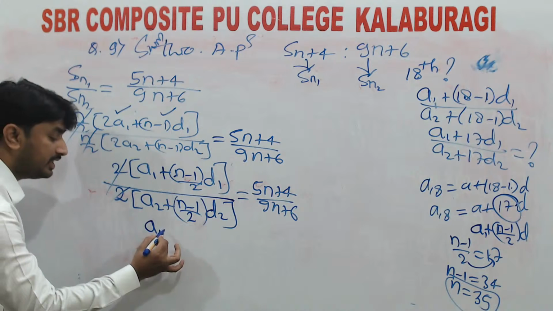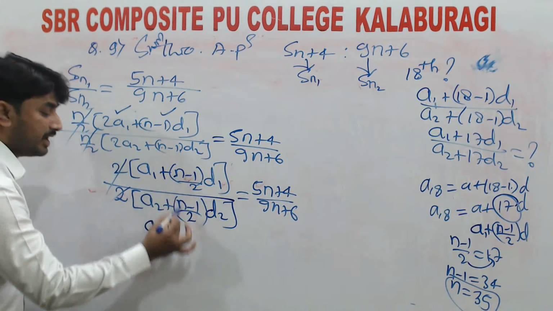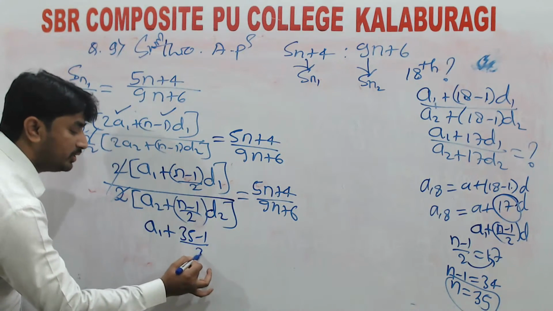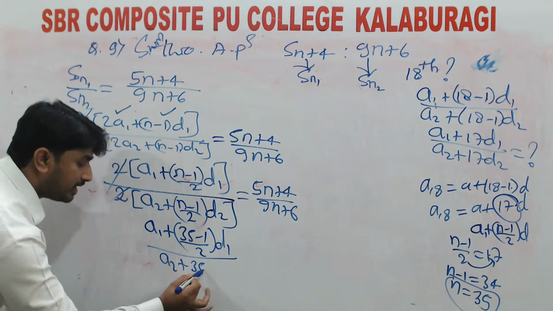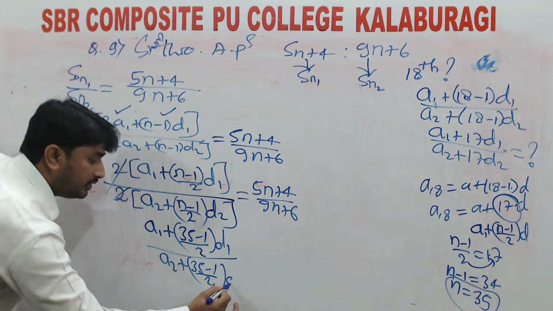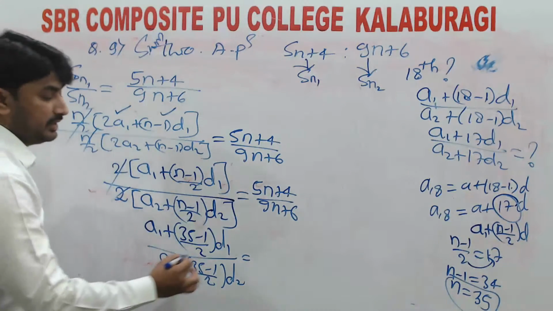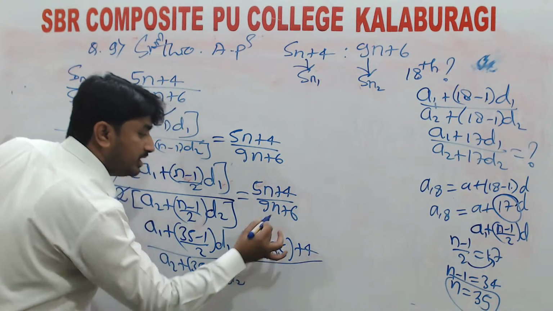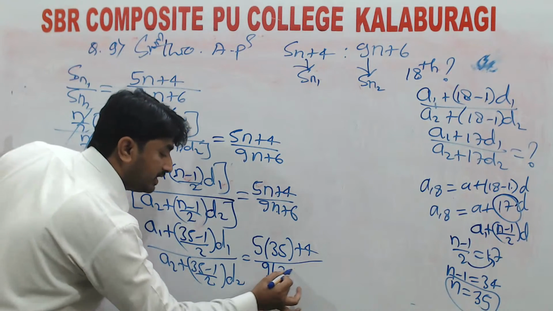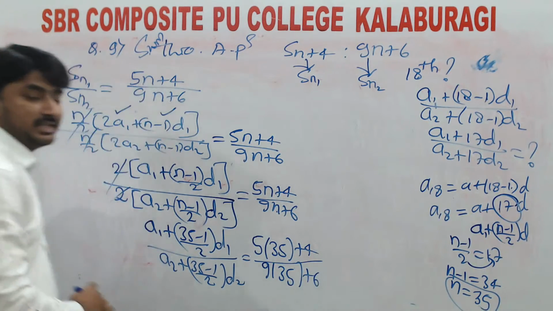You will get A1 plus (35 minus 1) divided by 2 into D1, divided by A2 plus (35 minus 1) divided by 2 into D2, is equal to 5 into 35 plus 4 divided by, in place of n I am taking 35, into 9 plus 6.